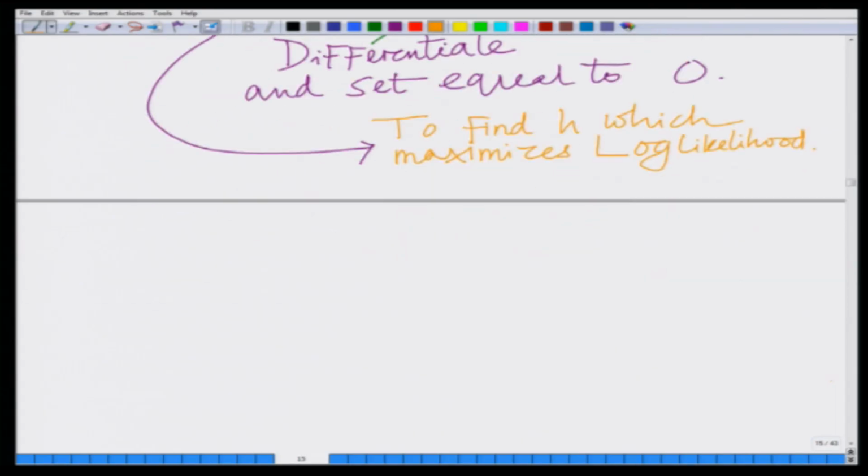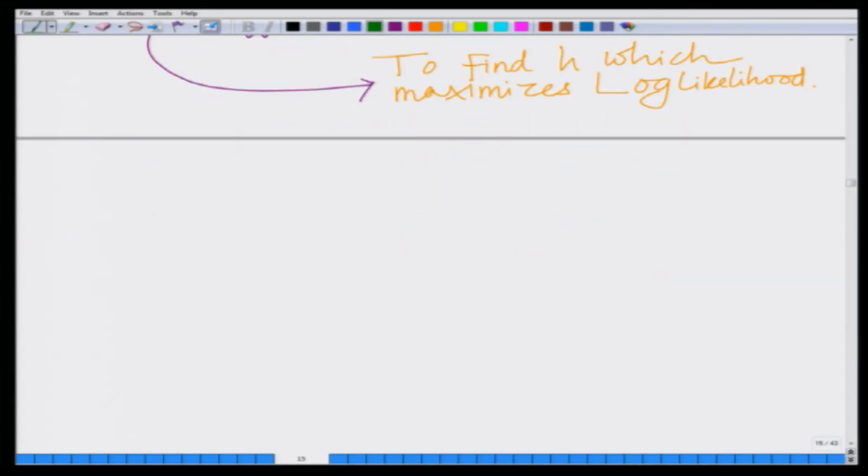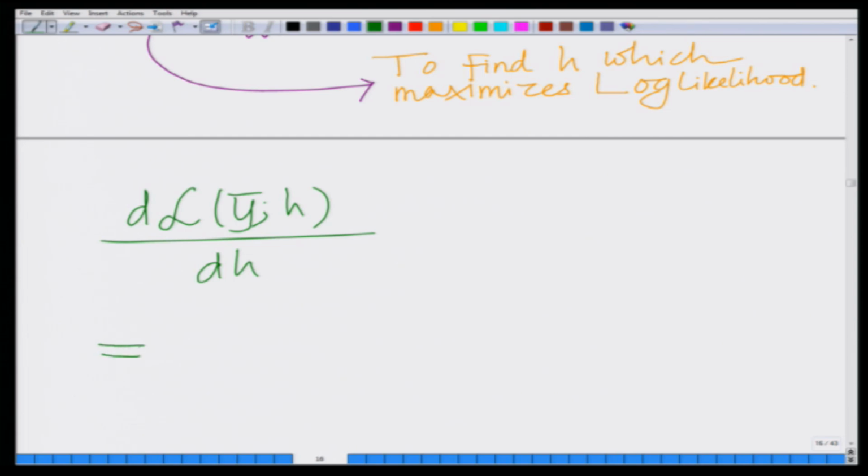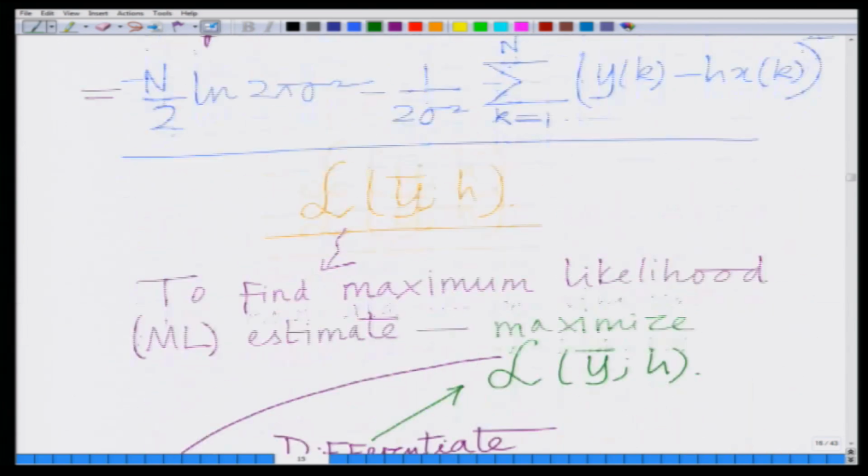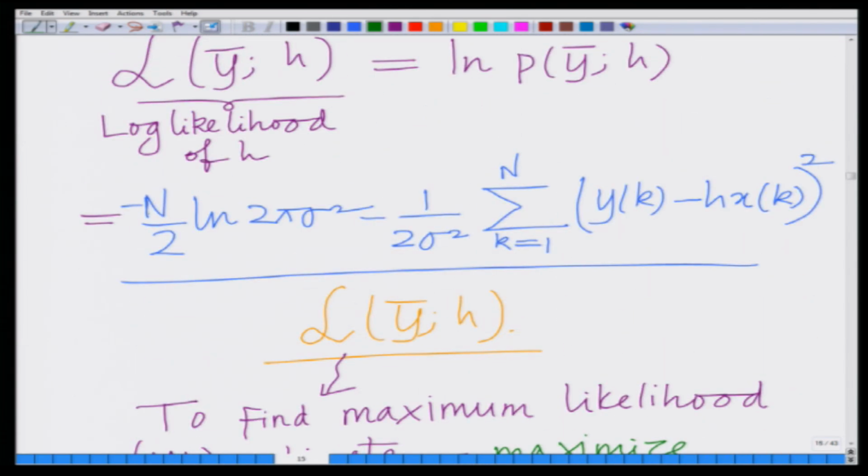And now, if we differentiate the log likelihood function with respect to h, the term minus n over 2 log 2 pi sigma square is a constant, so the derivative of this is 0.